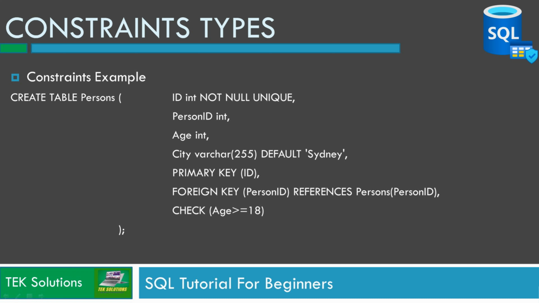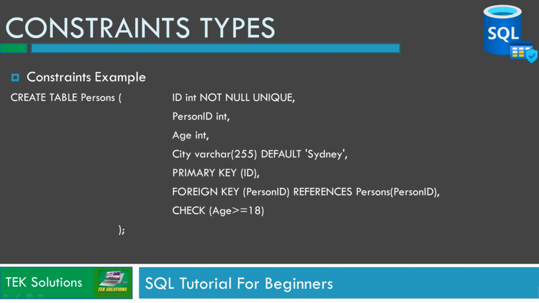Primary key is defined as ID. So ID is the primary key here, and you can see on ID we already mentioned not null and unique. So both combined together are nothing but a primary key. That's what is mentioned here. Foreign key. So on person ID, it's actually referring to the Persons table's person ID. So this is a foreign key.